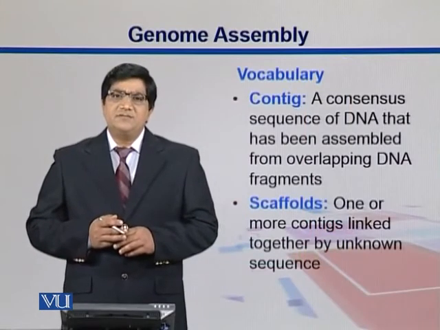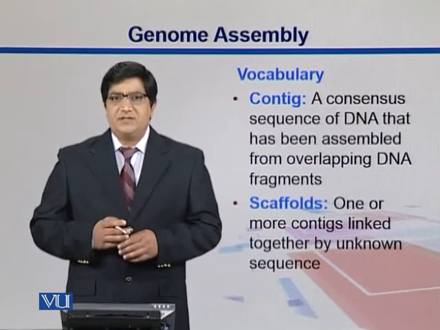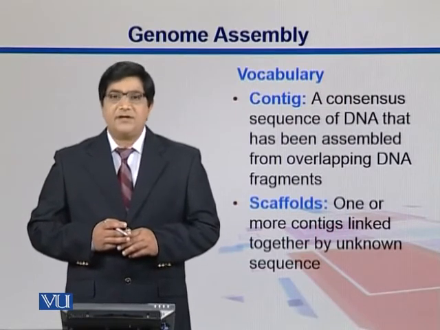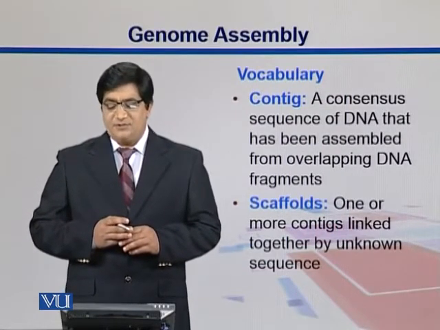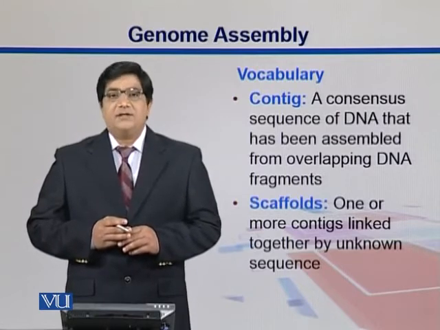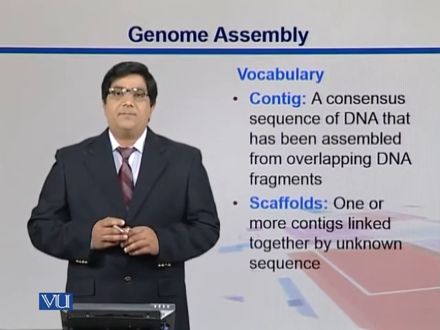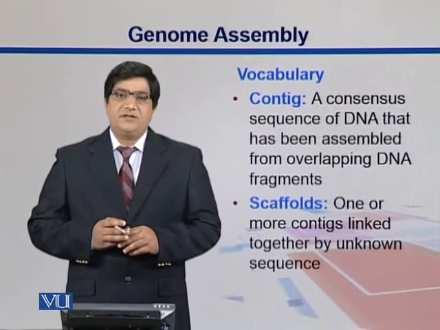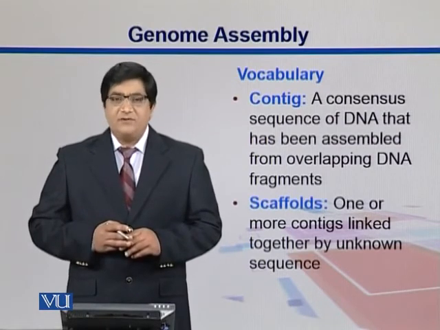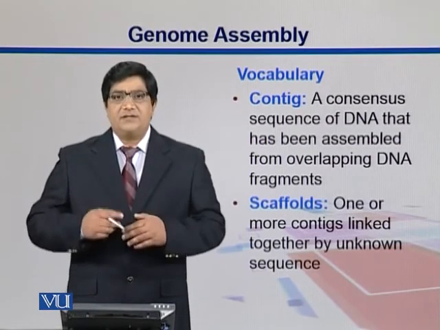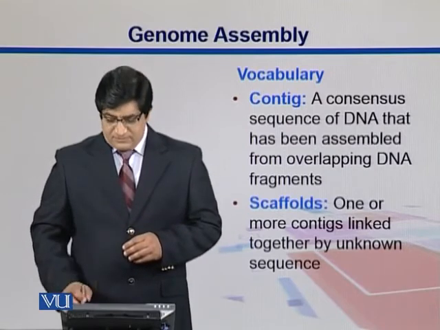Let's look into some terms which we will be using in these assembly lectures. One is contig. A contig is a consensus sequence of DNA that has been assembled from overlapping DNA fragments, or what we can call reads. Scaffolds: when we put these contigs together, they become scaffolds.